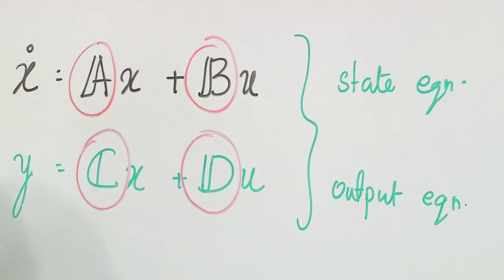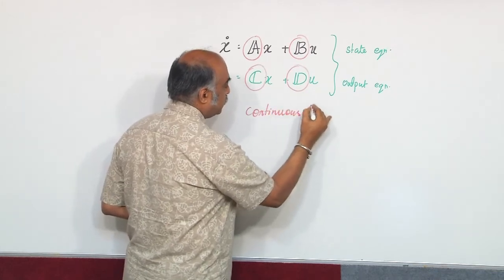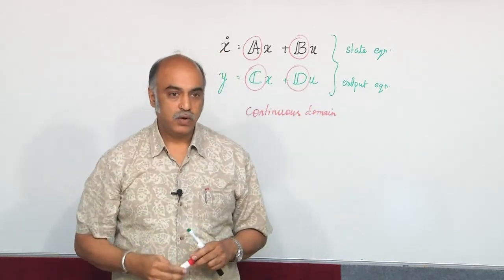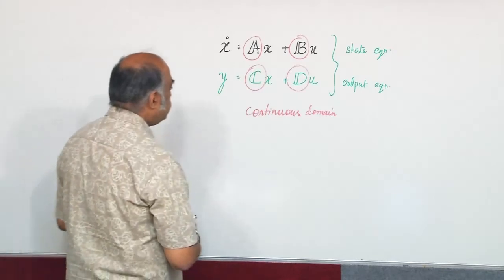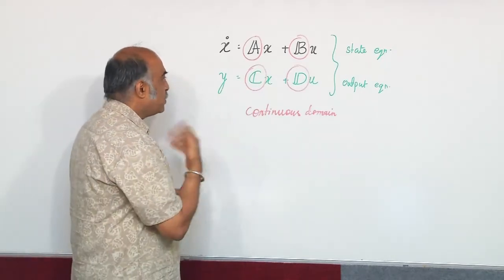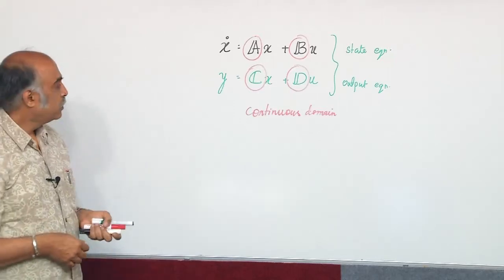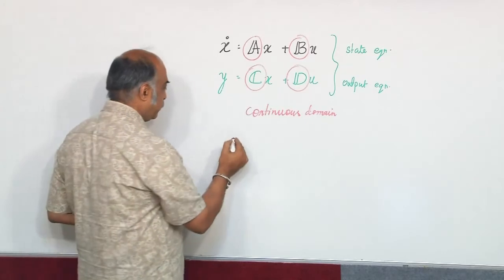All these are in the continuous domain. Because if you want to get a transfer function from here, you can use that, right?